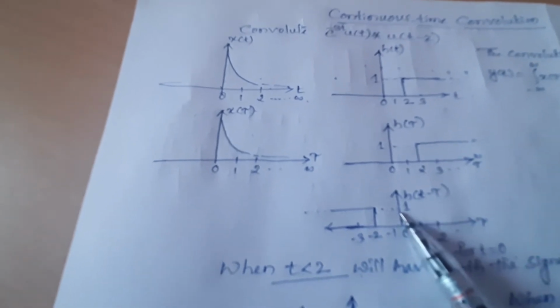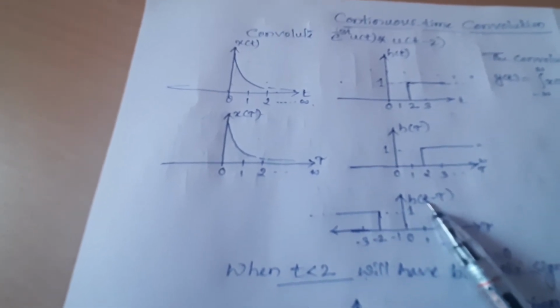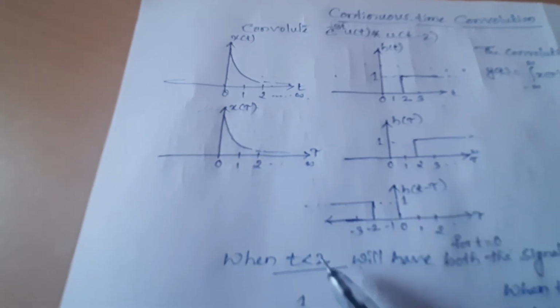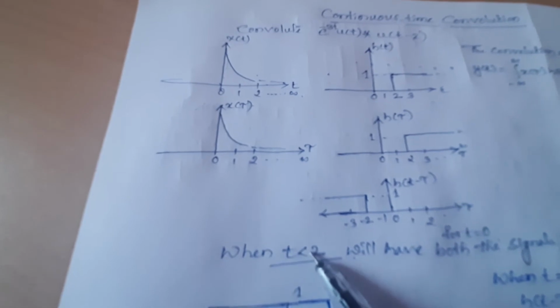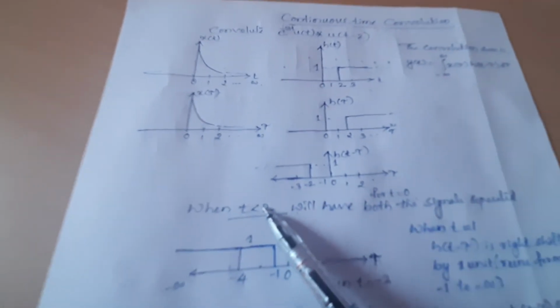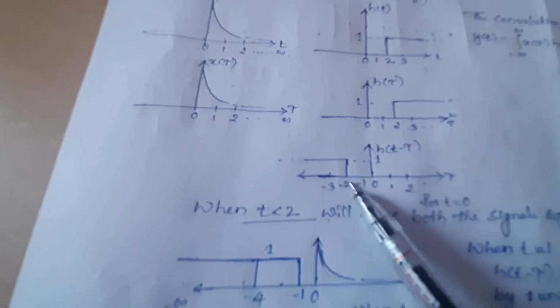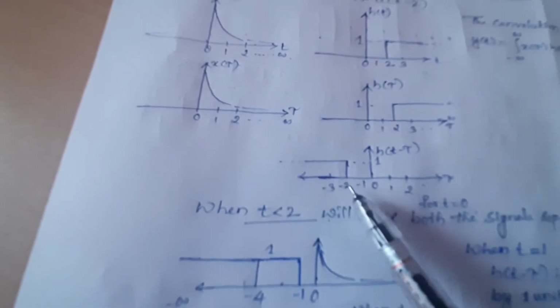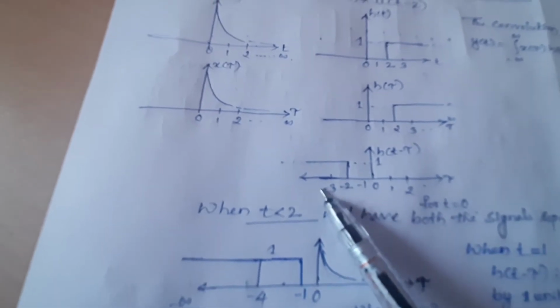So for that, let's consider the case when the value of t is negative. Let's consider that t is equal to minus 2. When I take t as minus 2, the signal has to shift by 2 units to the left. Minus 2, another minus 2 will make it minus 4.